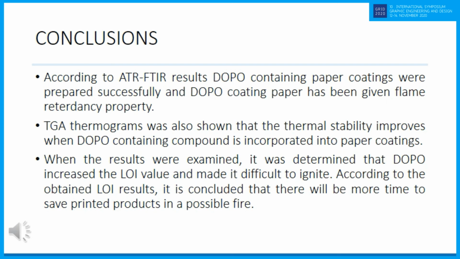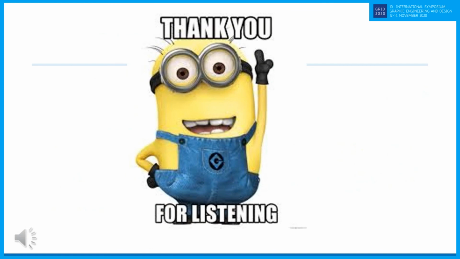When the results were examined, it was determined that DOPO increased the LOI value and made it difficult to ignite. According to the obtained LOI results, it is concluded that there will be more time to save printed products in a possible fire. Thank you very much for listening.